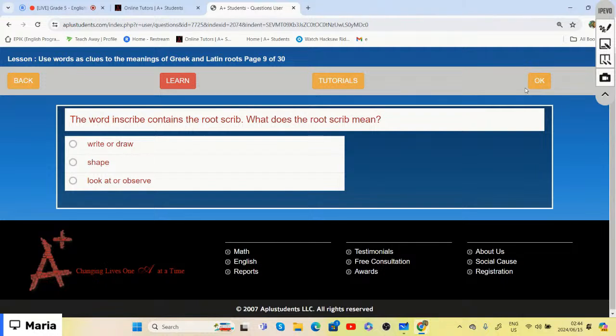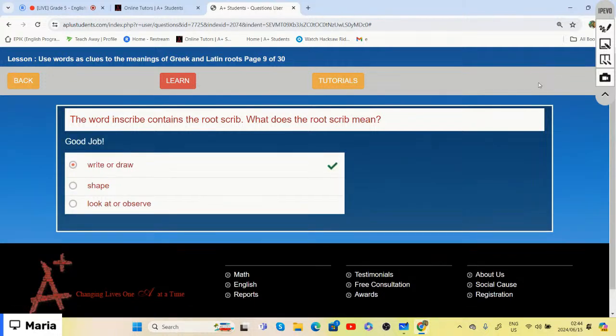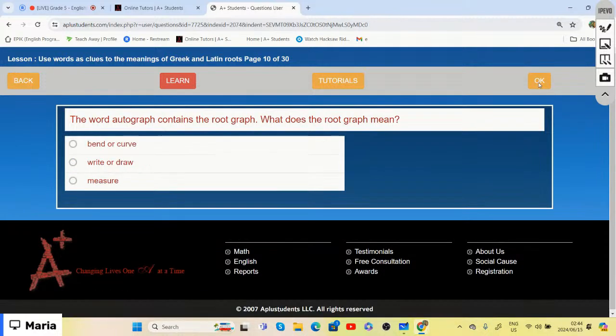What is your duty? So a scribe needs to write or draw.